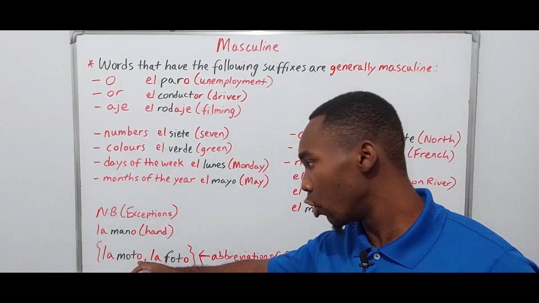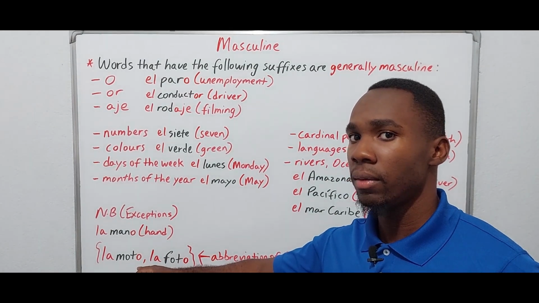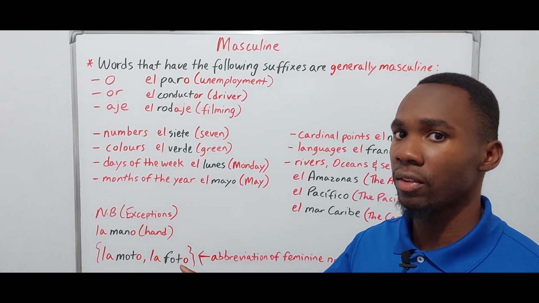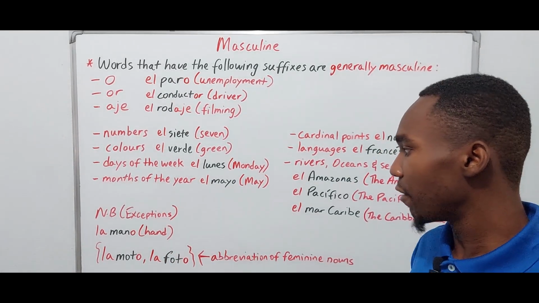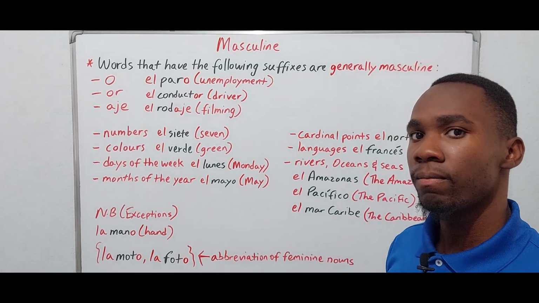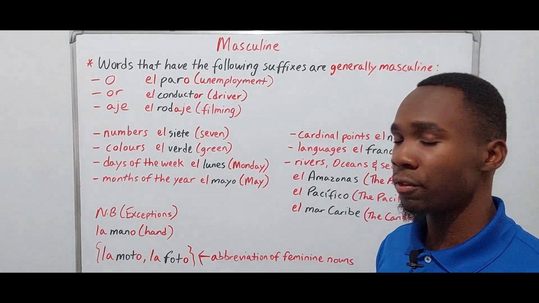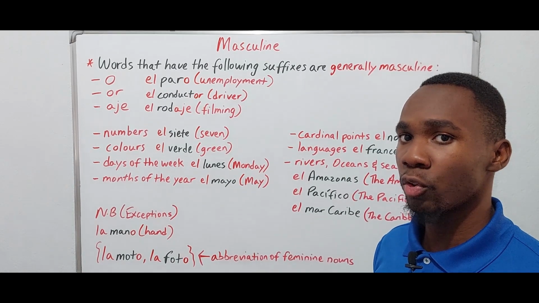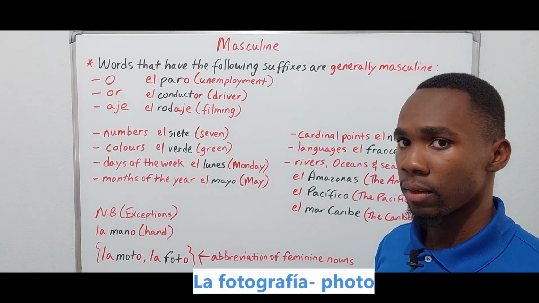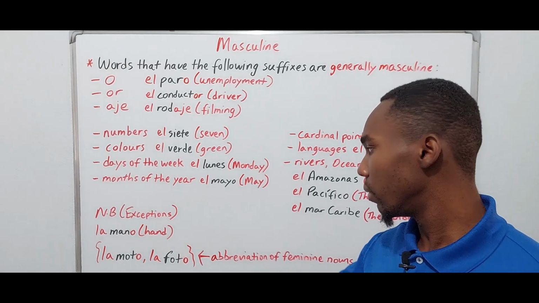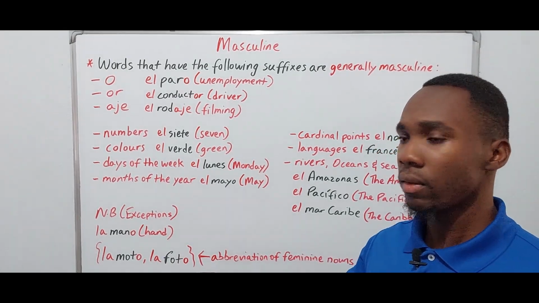But you see it ends in o, right? But it's feminine. But the word itself is feminine. This is just an abbreviation, okay? La foto, right? Same thing. The word for photo is actually fotografía, right? So that's a feminine word, all right? But it's been abbreviated, right?